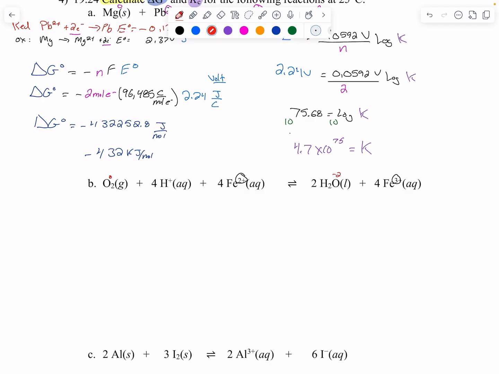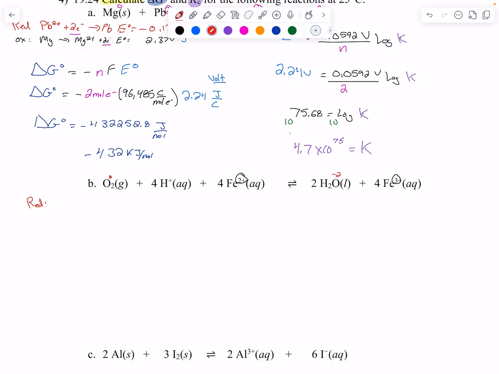So for the reduction, my recommendation is to use your textbook and go to your redox potentials, which I think are in your chapter. In the current edition of the book, I'm on page 917.